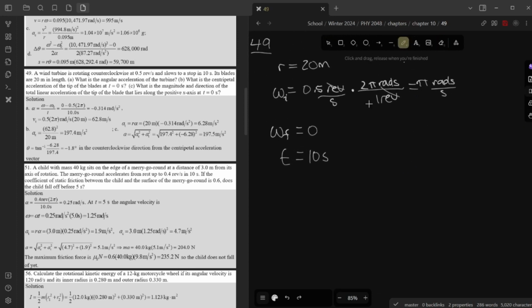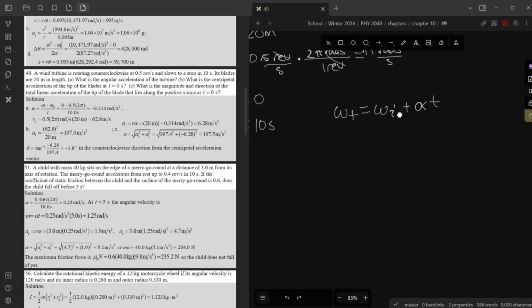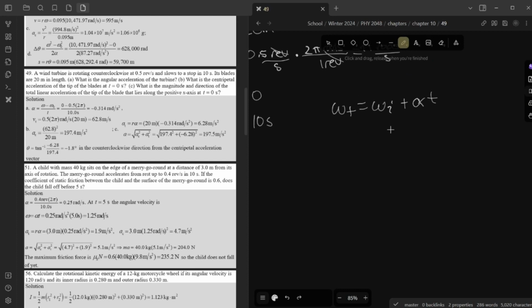So now we can just go ahead and set up that equation. It was omega final equals omega initial plus alpha times time. We want to isolate alpha, because that's what we're finding.